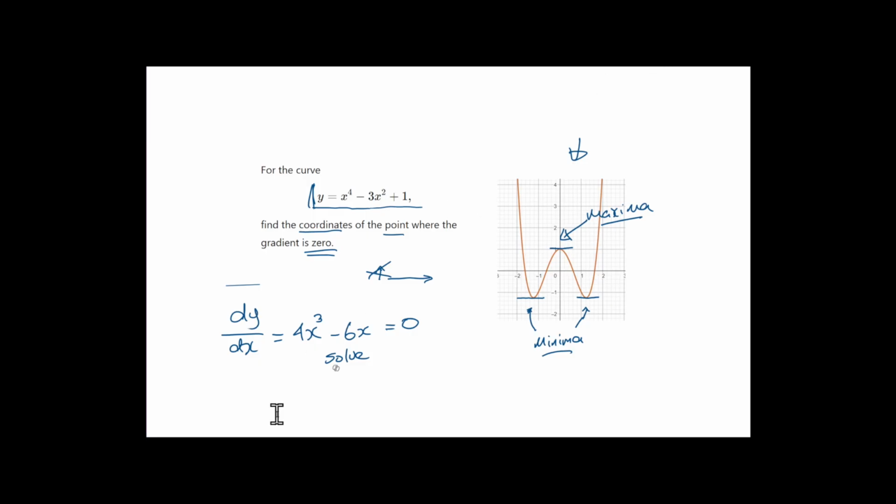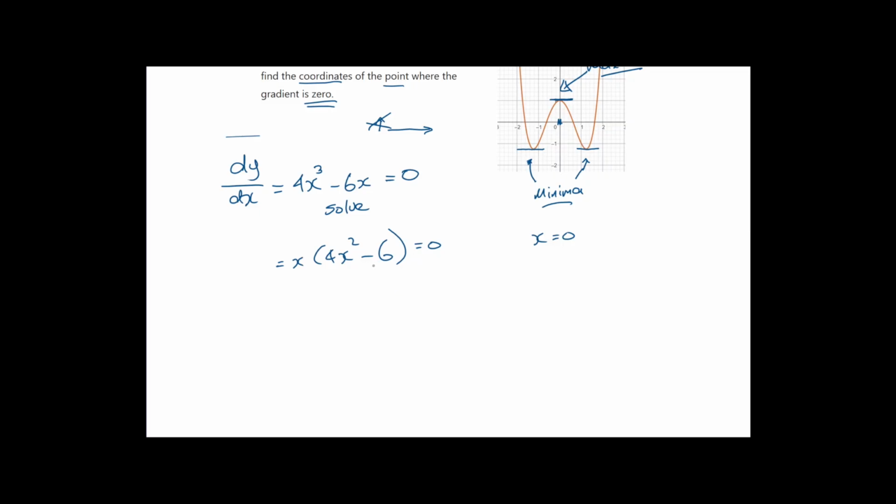For this one here, I'm not going to do it algebraically. I guess we could actually factor out an x. We could say that that's x(4x squared minus 6) equals 0. So x equals 0 is a solution. And if you look there where x equals 0, that is actually a turning point and it's a maxima.